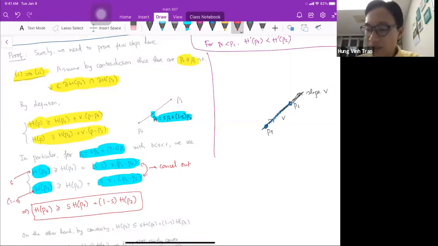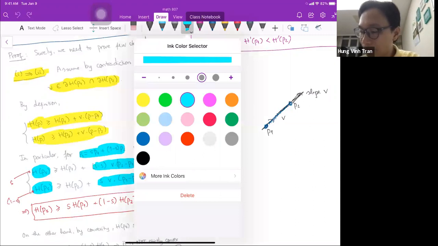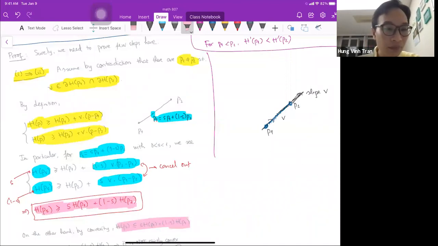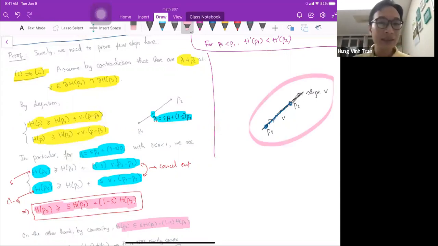And then when you sum them up, you end up with exactly that H of PS is greater than or equal to S times H of P1 plus 1 minus S times H of P2. And clearly, by convexity, you have the other direction, right? So when you combine them together, you need to have equality, which is exactly this picture here. So hence your graph is a line segment there.